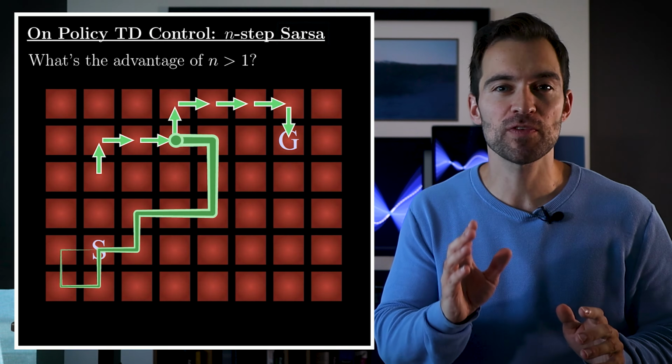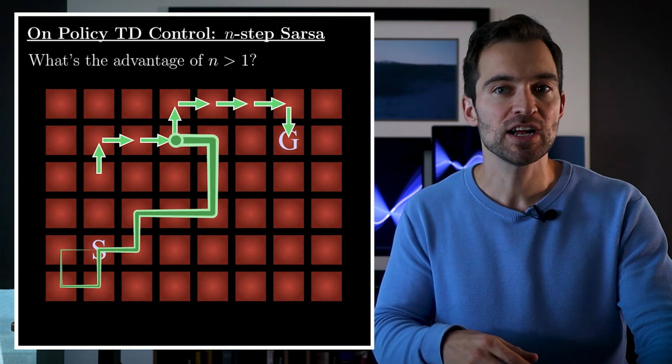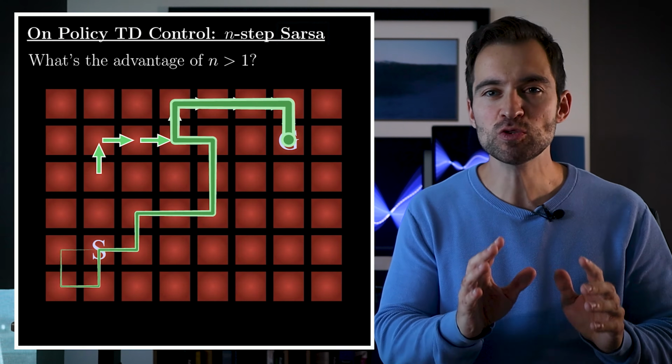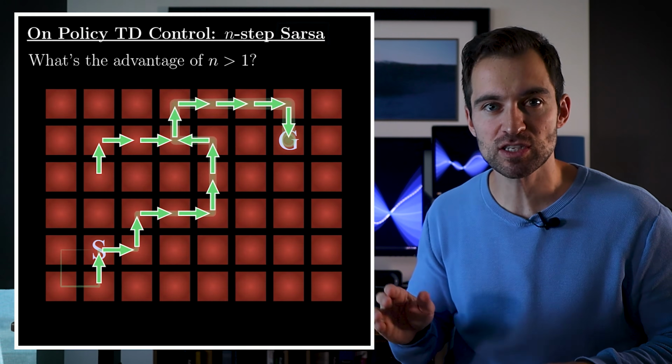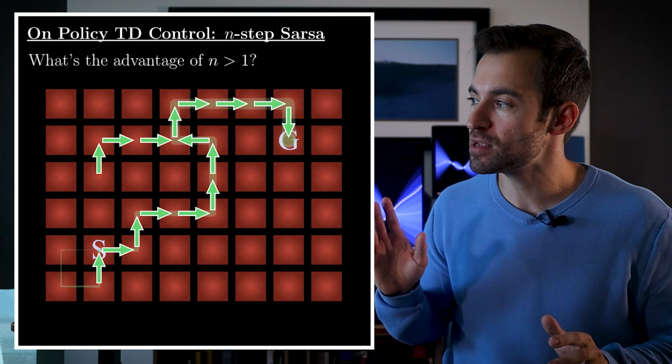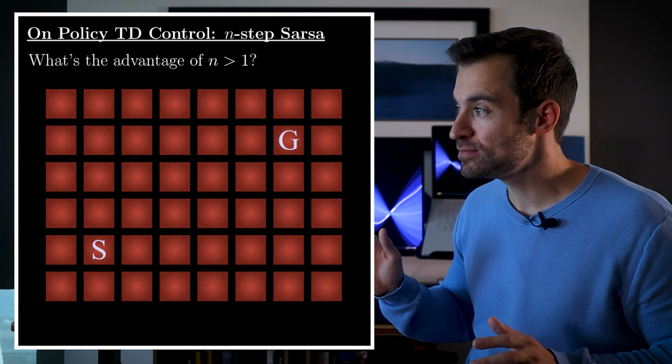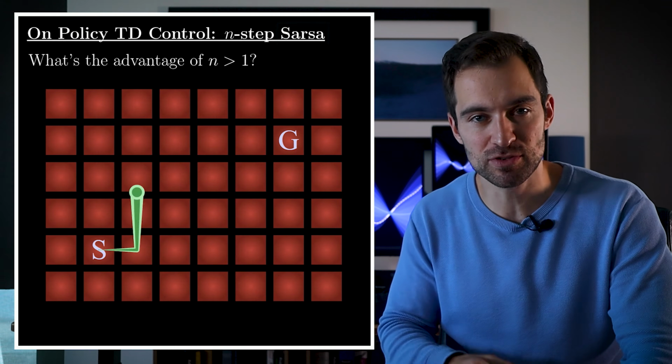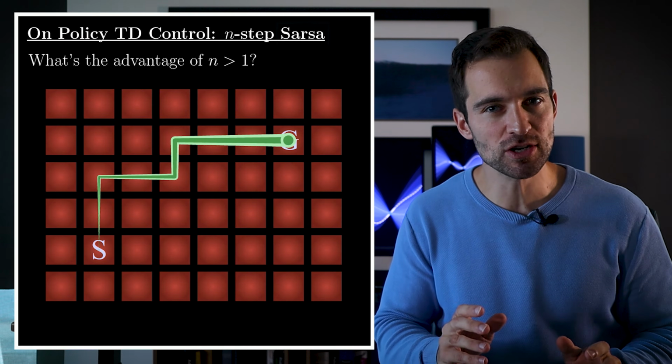Once we're there, we're very likely, though not guaranteed, to follow the path to the goal state. This will create another set of updates which help learning in the next episode. As you can imagine, if we run this many times, we'll eventually uncover the optimal strategy. So what's the advantage of a larger n?